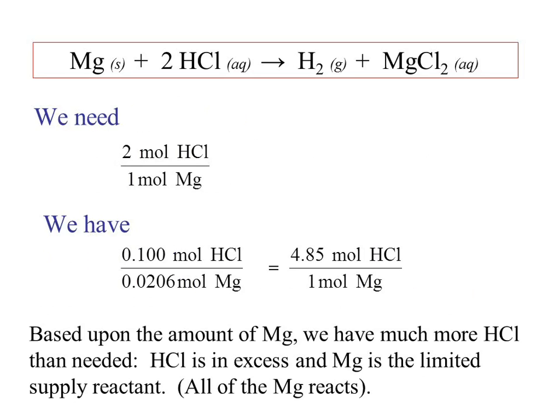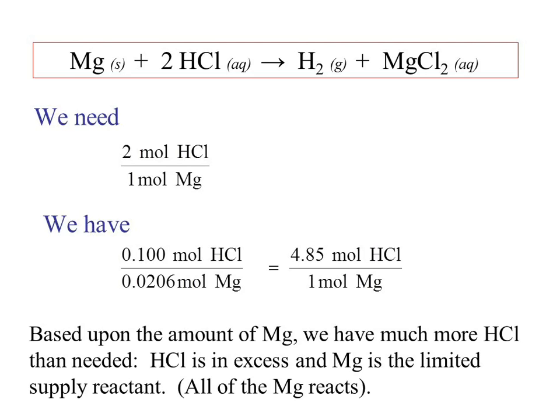So we need 2 moles of HCl for every 1 mole of magnesium. Of course, that's 2 to 1. And what we have is 0.100 moles of HCl for every 0.0206 moles of magnesium. That's what we have. If you divide this out, you're going to see that we have 4.85 moles of HCl for every 1 mole of magnesium.